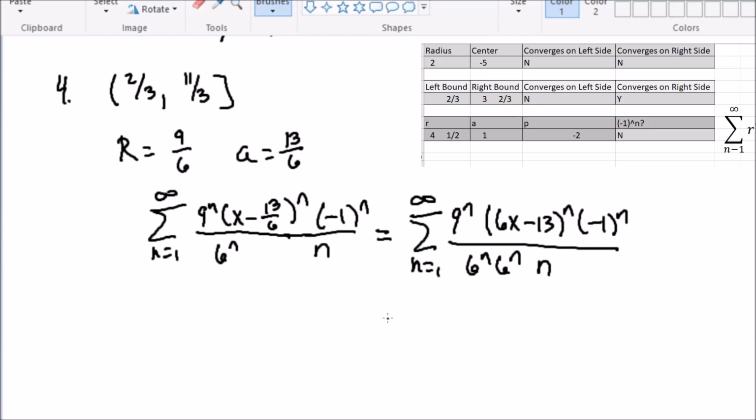Alright, this way there's no fractions inside with the (6x minus 13) to the n. I don't usually write it that way because I just like to see x minus my center, but just in case you might see those extra terms. Anytime the multiple in front of the 6 isn't a 1, essentially what it's doing is just obfuscating what the center is. Alright, let's do one more example.